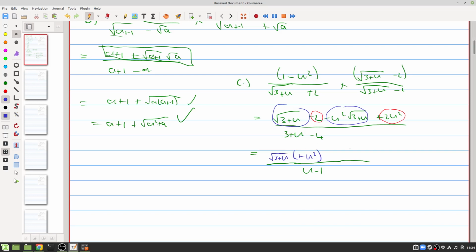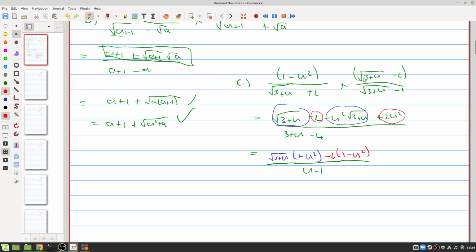And then from the red ones, we can factor out minus 2, and we're left with 1 minus u squared as well.